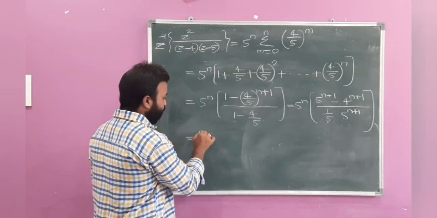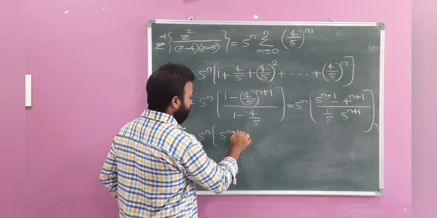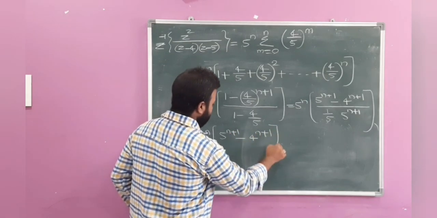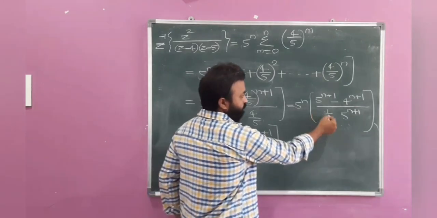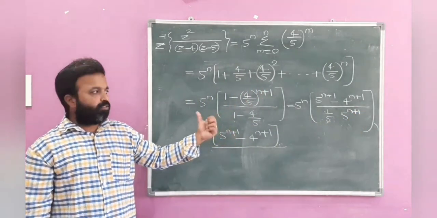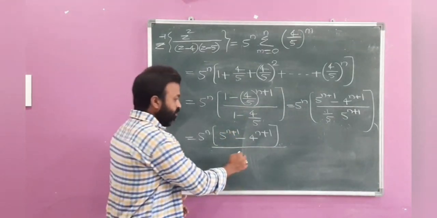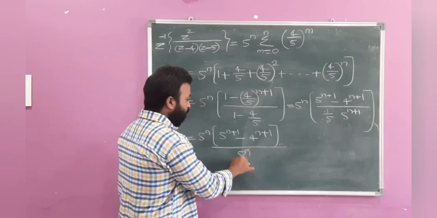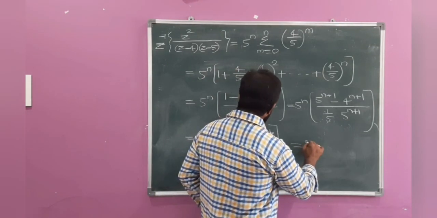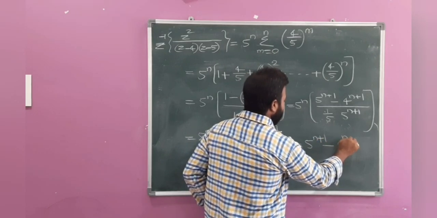So now we have 5 power n into (5 power n plus 1 minus 4 power n plus 1) by 5 power n, and the 5 power n gets cancelled here. Now the solution is 5 power n plus 1 minus 4 to the power of n plus 1.